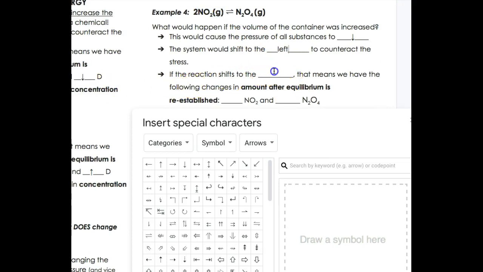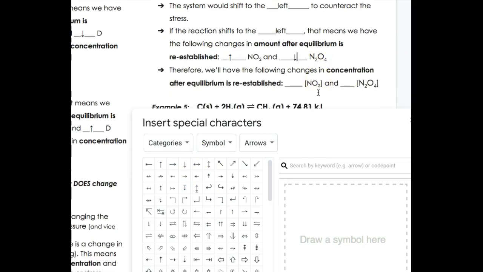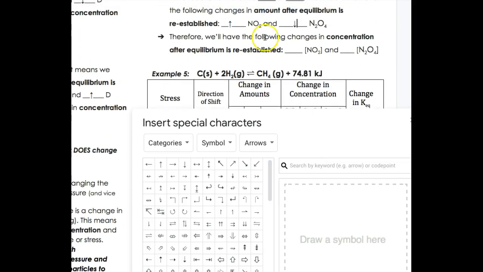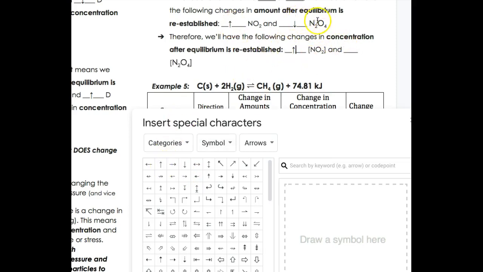If the reaction shifts to the left, then we have the following changes in the amount: we're going to have more NO2 and less N2O4. All of these are gases, so their concentrations will be directly affected. If that amount goes up, its concentration goes up. And if this amount goes down, then this concentration goes down.